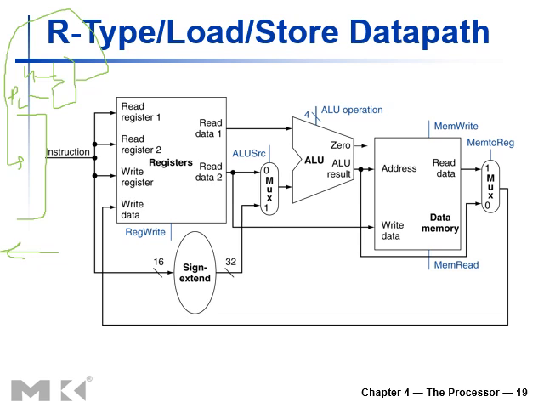So in case of loads and stores, we've got a base address here, and the 16-bit offset is sign extended to convert it into 32 bits. So we have to add the offset to the base.